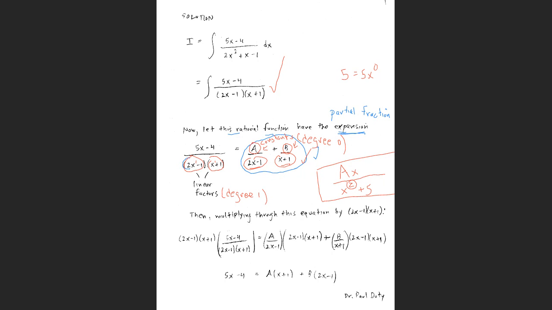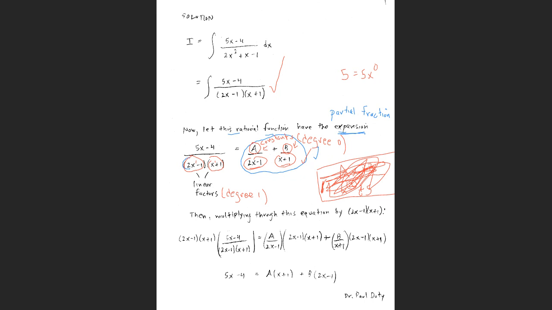Well, that would mean you would have a times x plus b. Okay, that's just a different example, but let's not worry about that. Let's worry about the matter at hand here. So here we are. Now this is a rational equation.